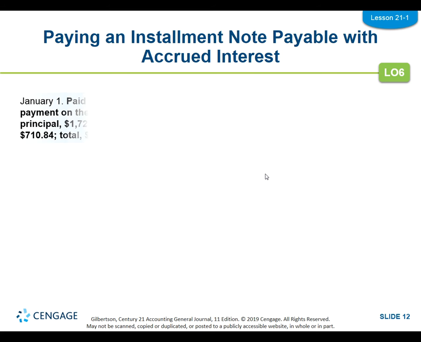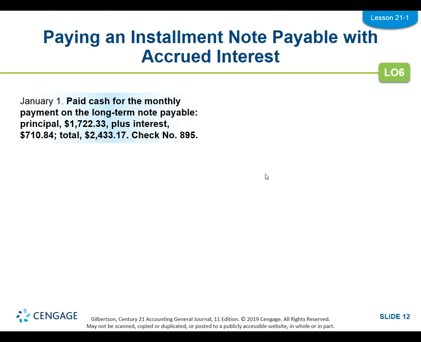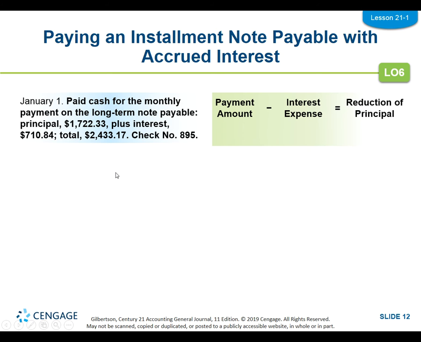Paying an installment on a notes payable with accrued interest. So now you're going to pay some of this off, and you're paying off in installments. You pay the cash for the monthly payment of the long-term notes payable. This is how much you're paying, plus interest of $710.84. You're figuring that out for one particular month. And here is, you're going to add these two together, you get $2,433.17. Here is the amount that you are paying minus the interest expense, which they calculated and you calculated, is the reduction in principal.